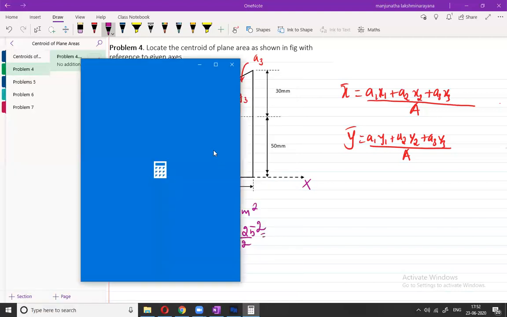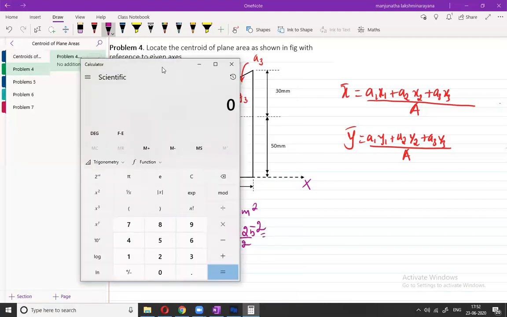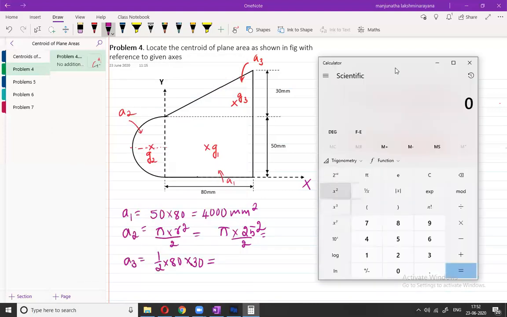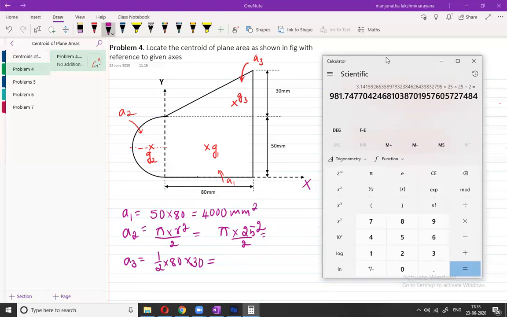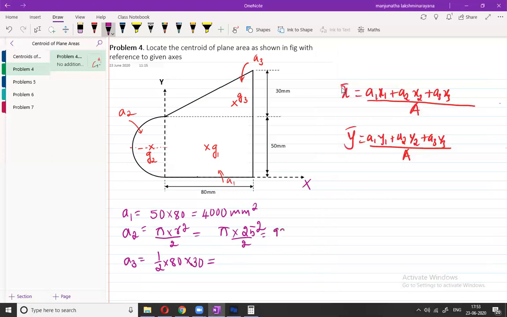So pi into 25 into 25 divided by 2 is equal to 981.74 mm square, because it is in mm.